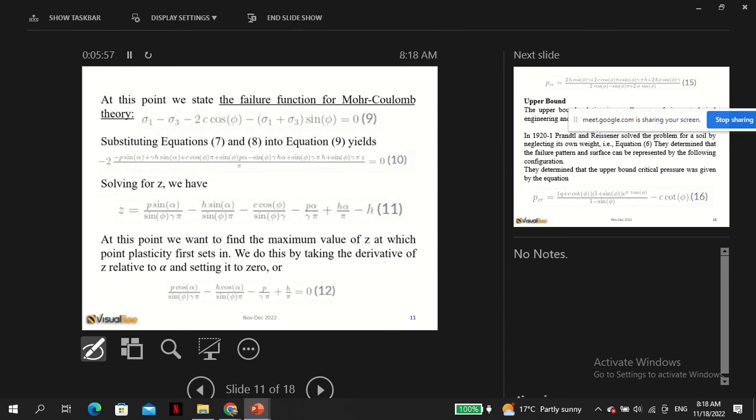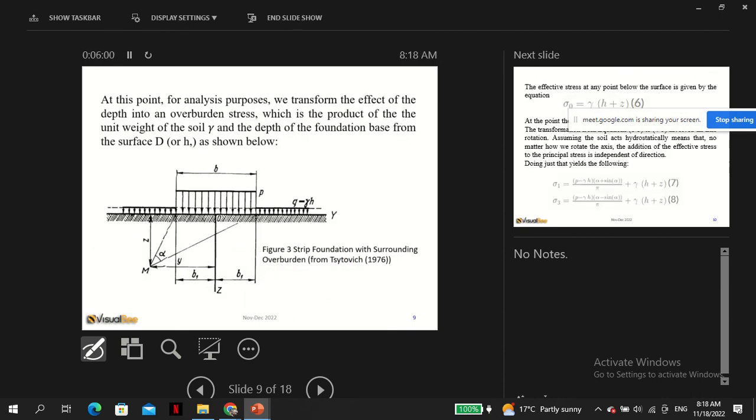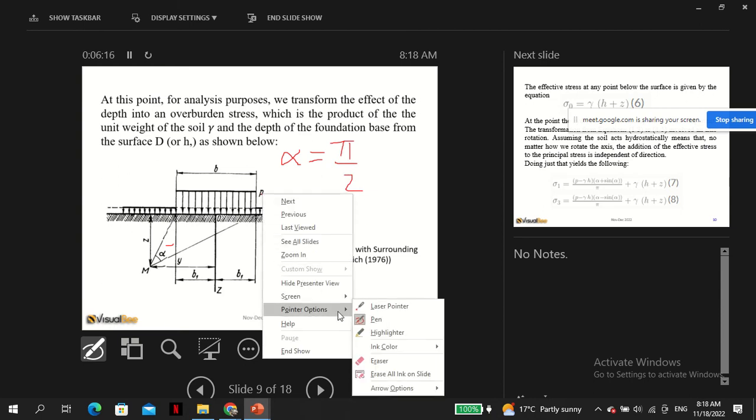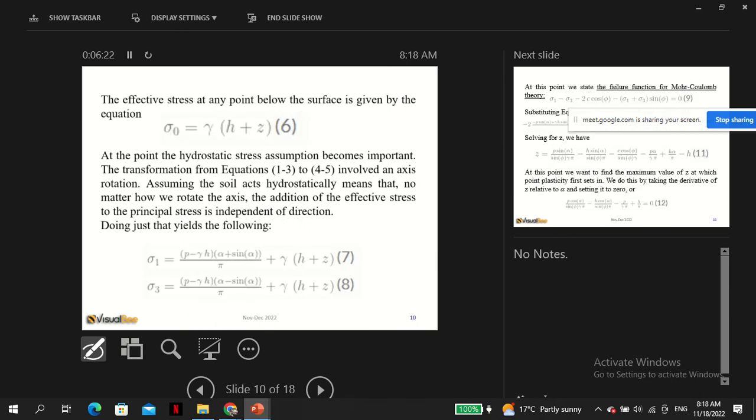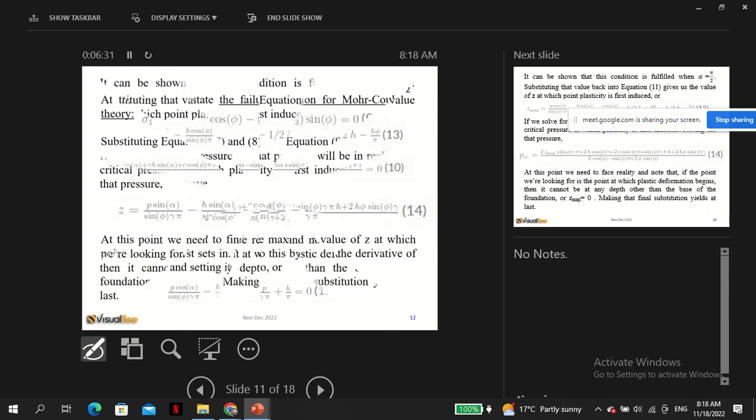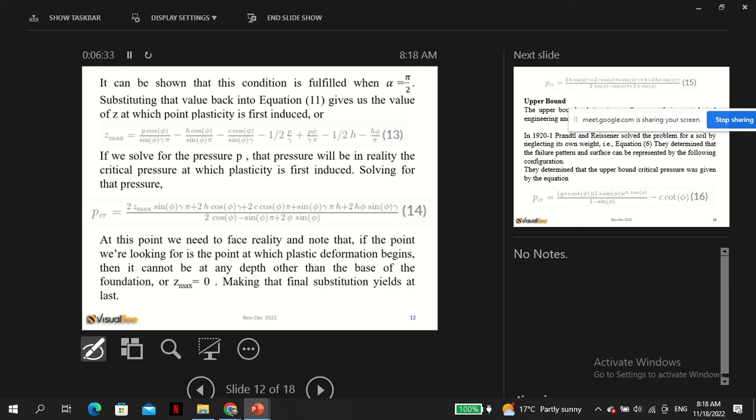Pi is 180, so pi over 2 should be 90 degrees.